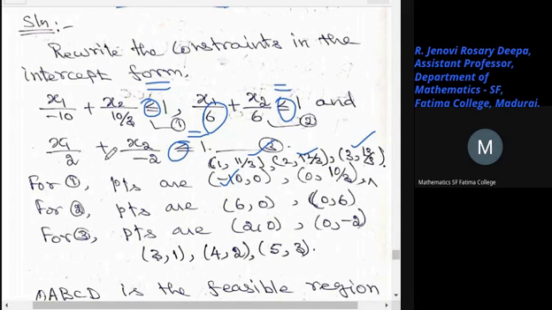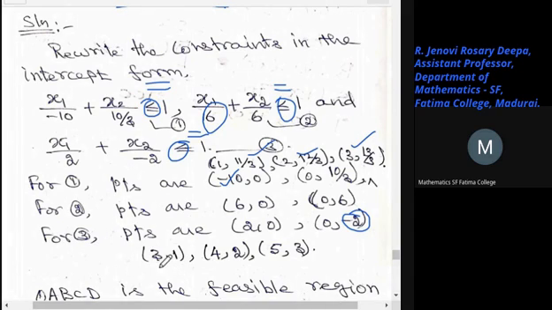For the third equation, the intercept of x1 is 2 and the intercept of x2 is minus 2. So the points are 2 comma 0 and 0 comma minus 2. Again the minus sign occurs for the value of x2, which means it comes to the fourth quadrant, so we need to find more points to plot the third equation.